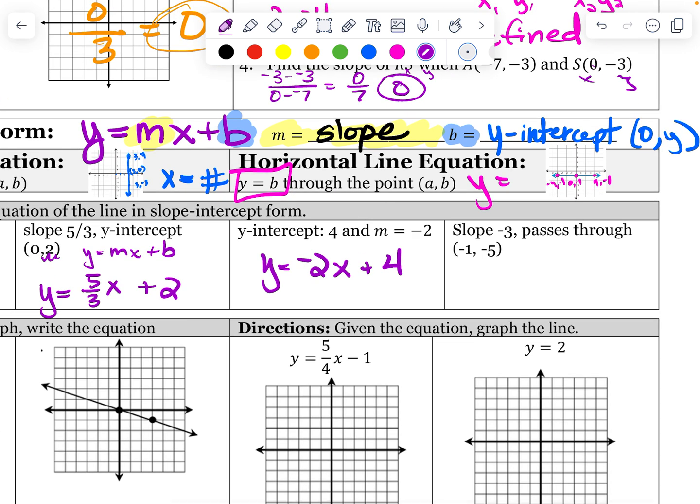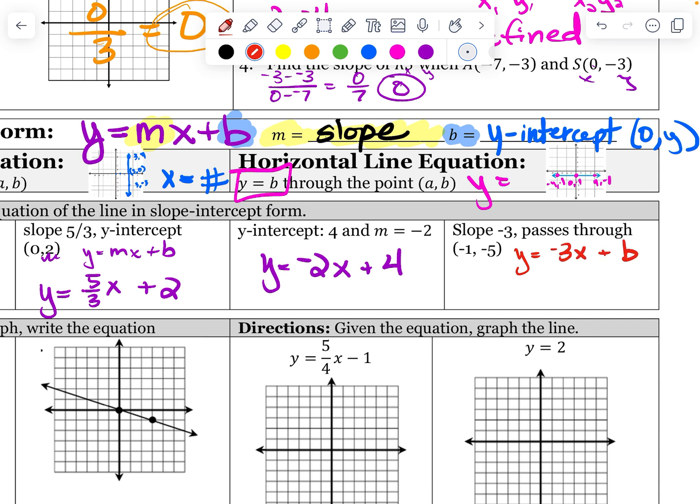Ooh, this one's challenging. Passes through 0, -1, -5. I'm going to show you how to do it. Y equals -3x plus b. We don't know what b is yet.